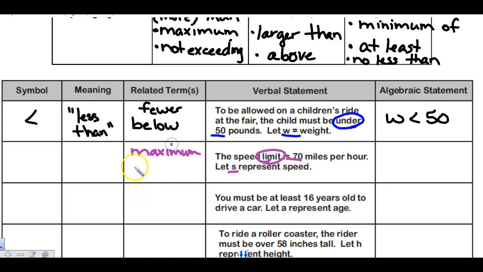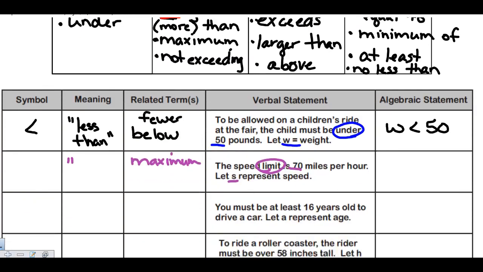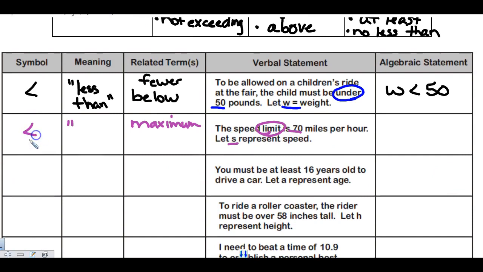After you think about that for a little bit, you can come up with some synonyms of the speed limit. So the maximum speed is 70 miles an hour. That makes sense. What does that mean? That means our speed, whatever we're going, needs to be less than or equal to that value.